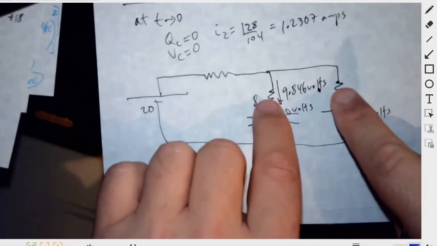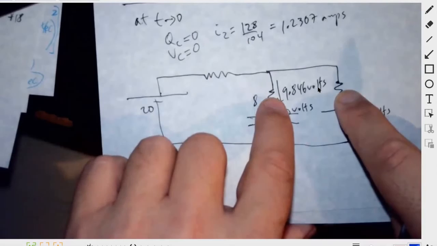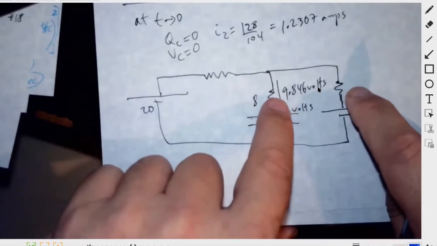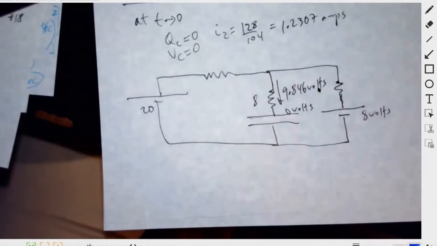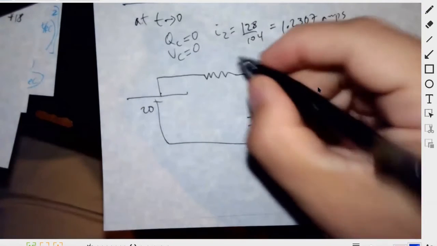So it kind of behaves like this kind of circuit. I think maybe you could say it acts like parallel. Okay, so what's I1 going to be?